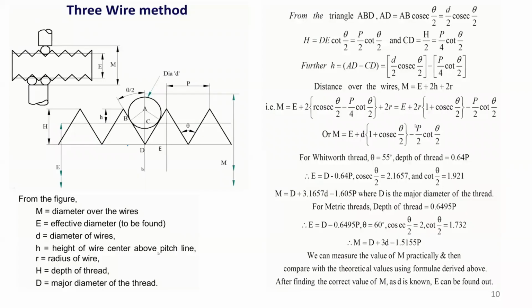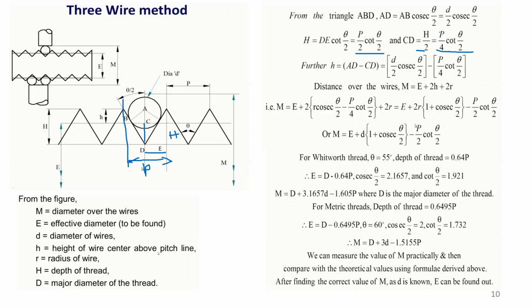So H is equal to DE cot theta by 2. According to the pitch, this is total pitch, and this is half of the pitch. So that is pitch by 2 into cot theta by 2. And CD is equal to half of the height of the thread, that is H by 2. H is P by 2 cot theta by 2, and half of this is P by 4 cot theta by 2.